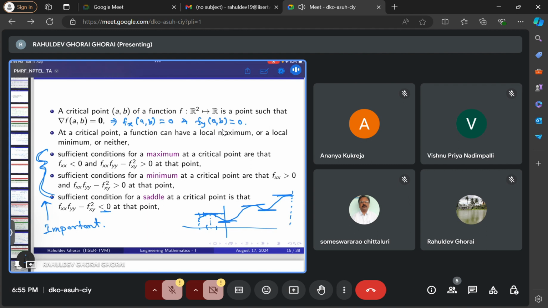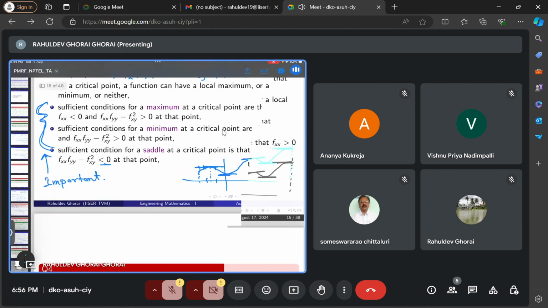But not all local minima or local maxima are absolute maxima or absolute minima. Okay. But anyway, these are very important in knowing the function behavior and in maximizing and minimizing problems. So we'll see how they play a crucial role in doing the problems.